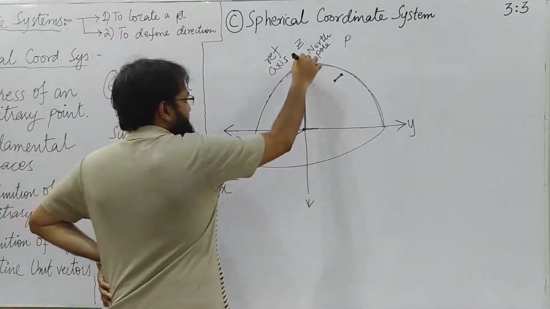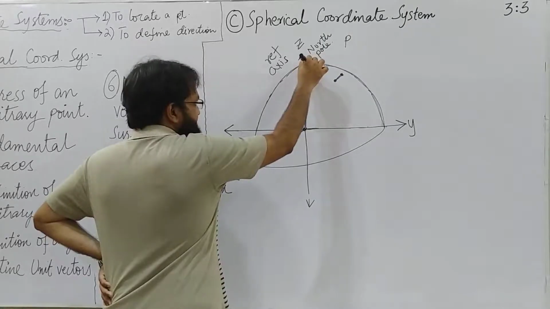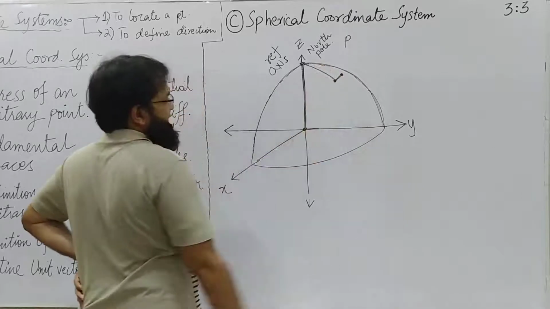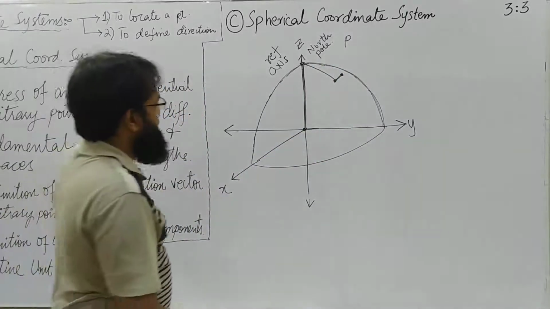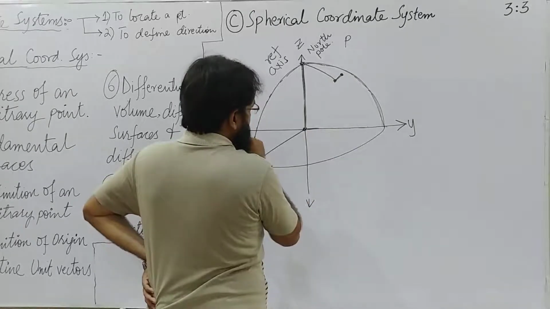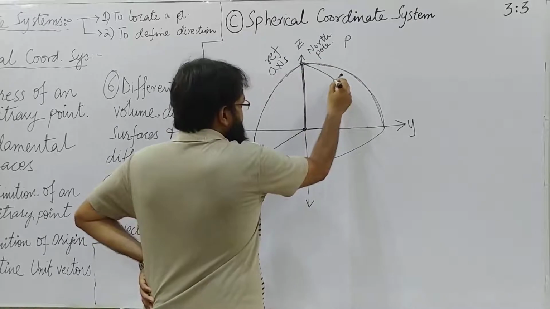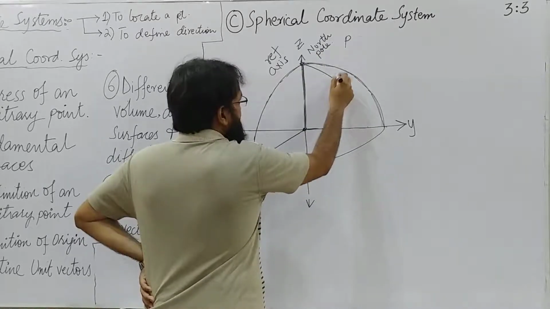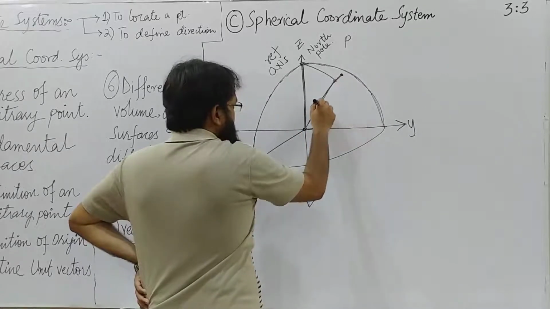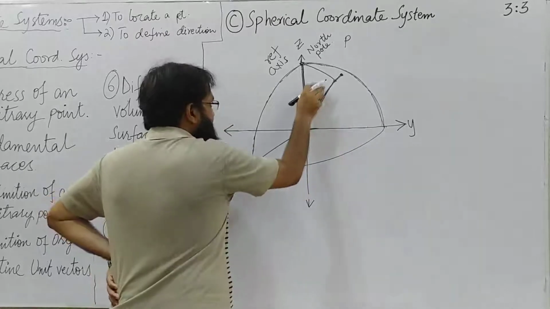So you will now travel along the surface of the sphere, and you will reach your destination. Now since you have moved along the surface, the distance between this point, which is our destination point P, and the origin or the core of the earth will be RE, the radius of the earth.